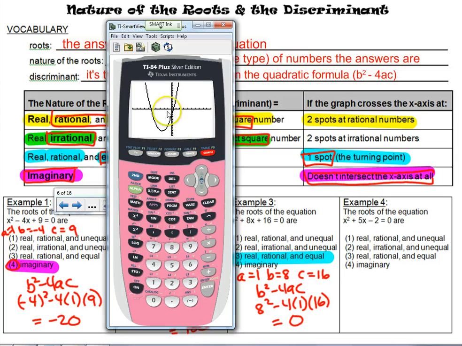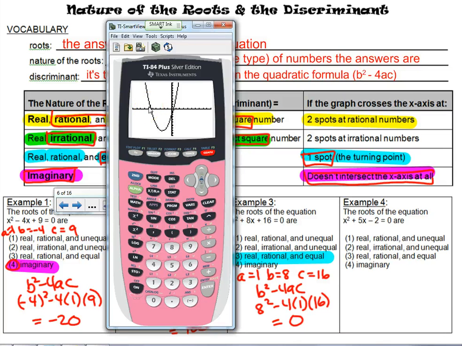Okay, and this is the only one that graphically it's really not good to do. Just because it's hitting between two numbers does not mean that the answers are going to be irrational numbers. They could in fact be meeting at, let's see, 1, 2, 3, 4, they could be in fact meeting at -5.5, which would be a rational number.